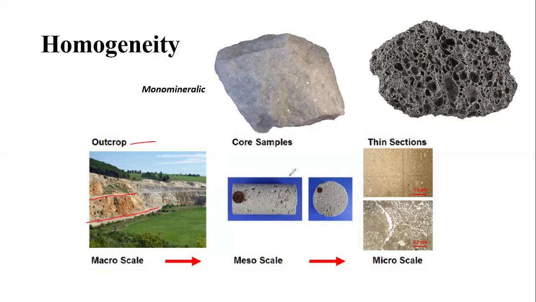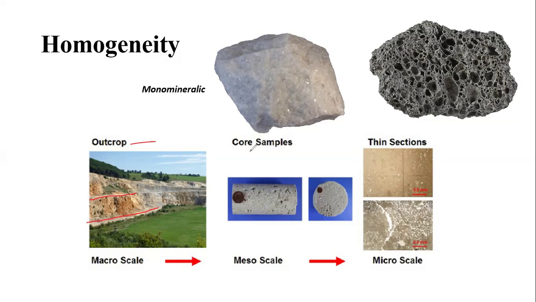At the micro scale, usually it's not easy, but if they have the same chemical composition, for example, here you can see the minerals appear to have the same chemical composition, which is why they seem to be homogeneous.